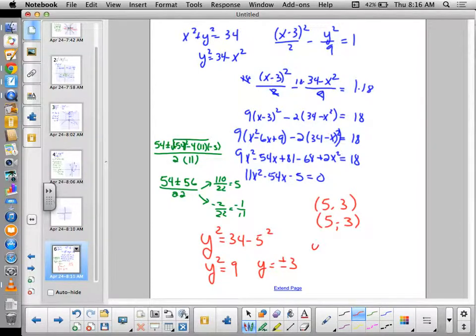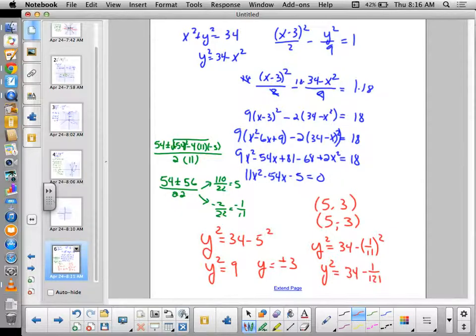Or y squared equals 34 minus (1/11) squared. So y squared equals 34 minus 1 over 121, and that will decimalize.